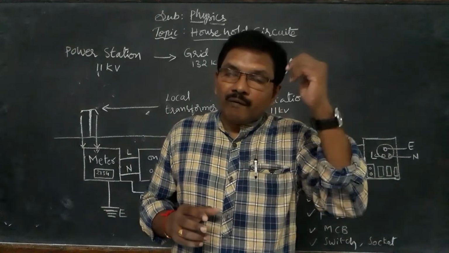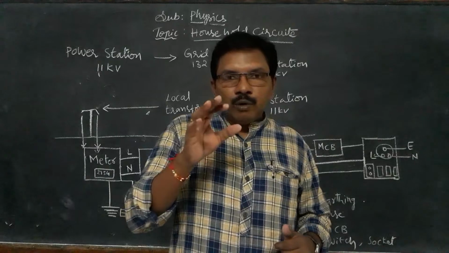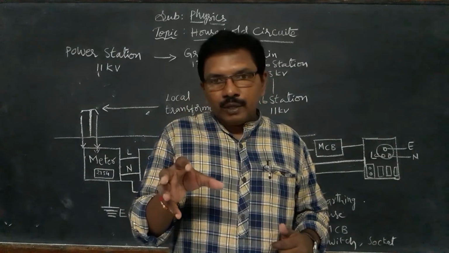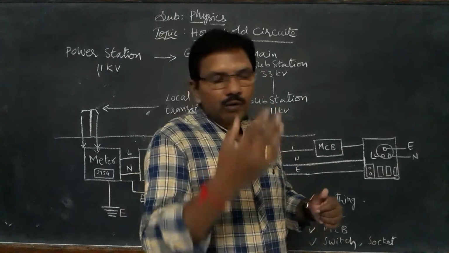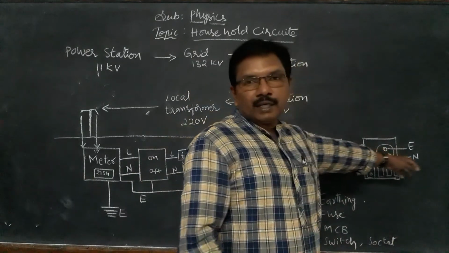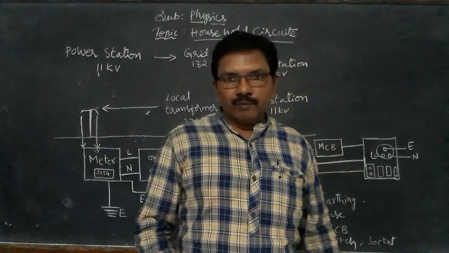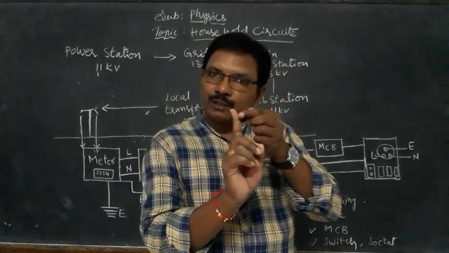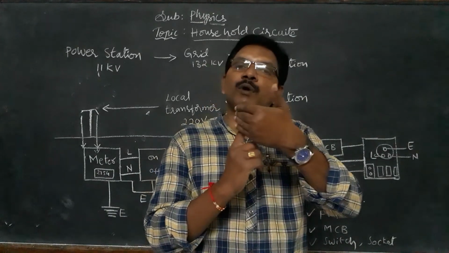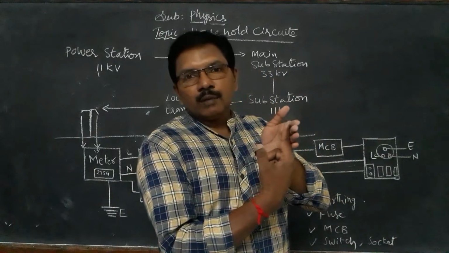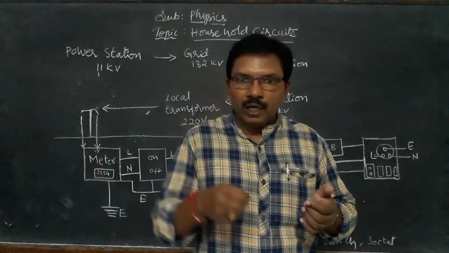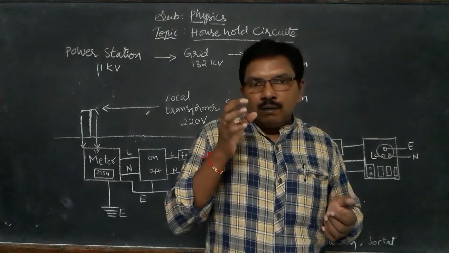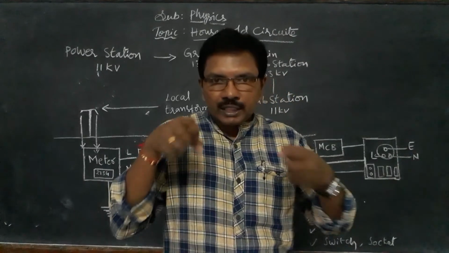So to avoid that problem, the current in the body flows out through the earth wire and goes to earth. That is why the earth wire is connected inside the body of any appliance, like the fridge, cooler and washing machine that we touch. These bodies we touch every day.